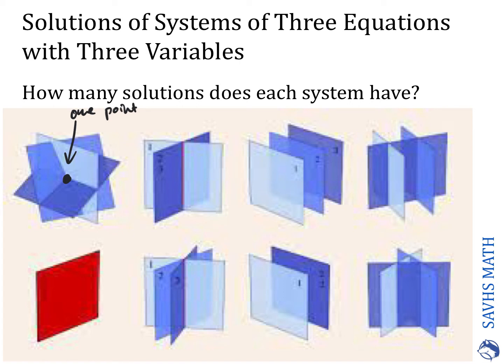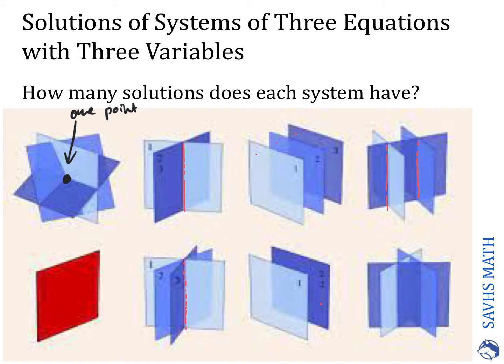But like this one right here, these three planes all intersect in a line. These three planes, 1, 2, 3, don't intersect at all. These two planes intersect here, and these two planes intersect here, but there is no place where three planes intersect. These three planes are intersecting in one spot.